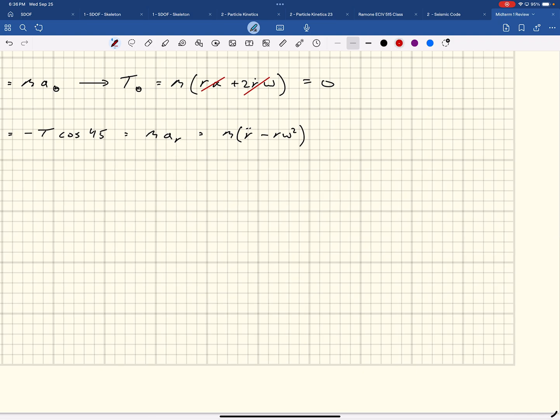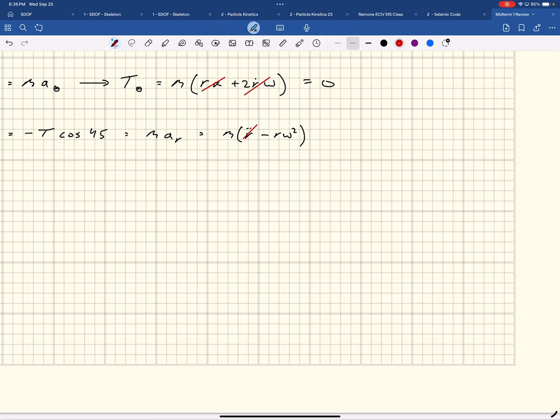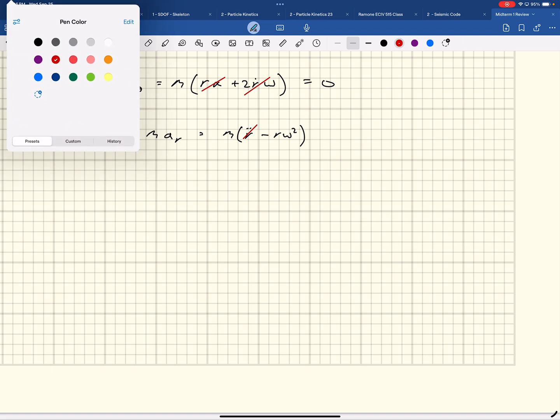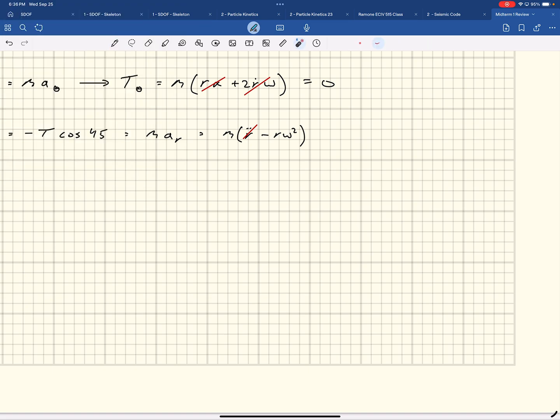Okay, R double dot is 0 because that radius is not changing. It's not accelerating in that direction. So at this point, if you were doing this in normal tangent coordinates, this would be a positive T cosine theta, and this would be a positive R omega squared, because they both would be acting in the positive e_n direction.